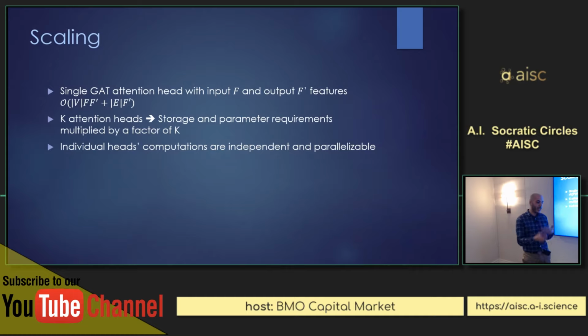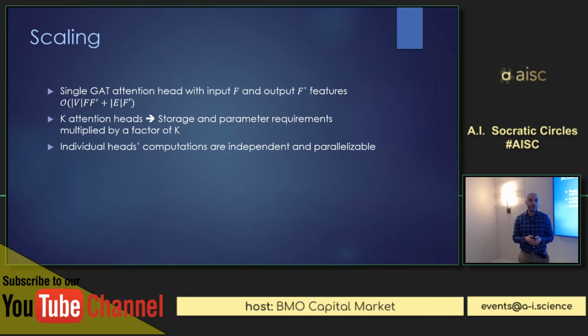If you use k attention heads, the storage and parameters required are simply multiplied by a factor of k because they're independent. And again, because they're independent, during a single layer, the computation of each attention head is in parallel.